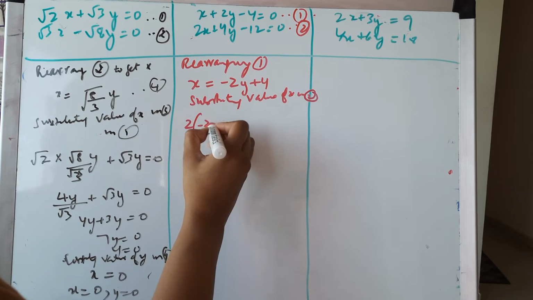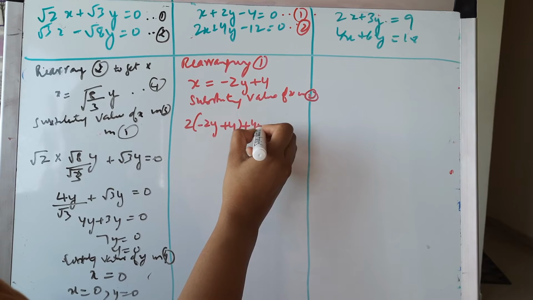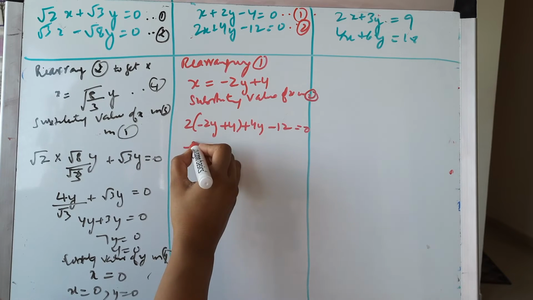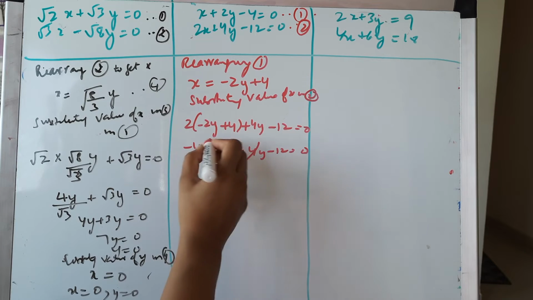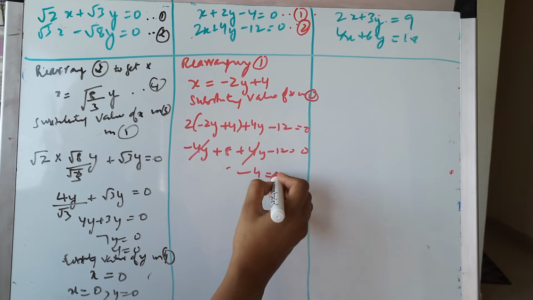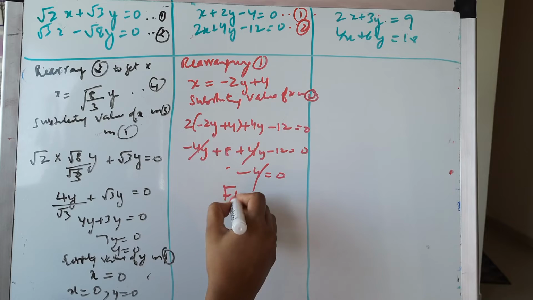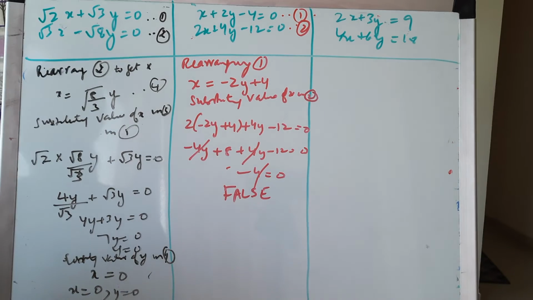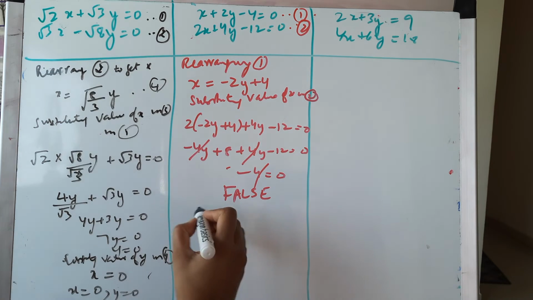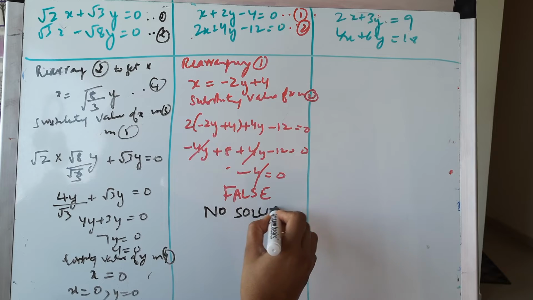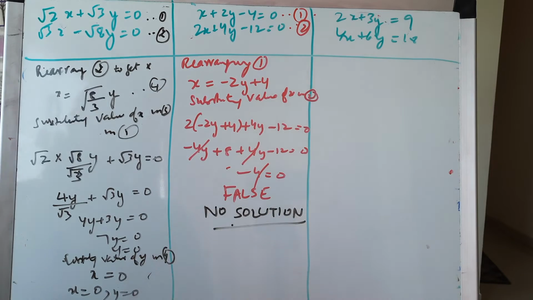So 2 into (minus 2y plus 4) plus 4y minus 12 equal to 0, minus 4y plus 8 plus 4y minus 12 equal to 0. This gets cancelled. Minus 4 equal to 0. What is this? This is a false statement. And hence, what is the solution? Here, no solution. This is what you're going to say. Statement is false, hence no solution. The variables have been eliminated.